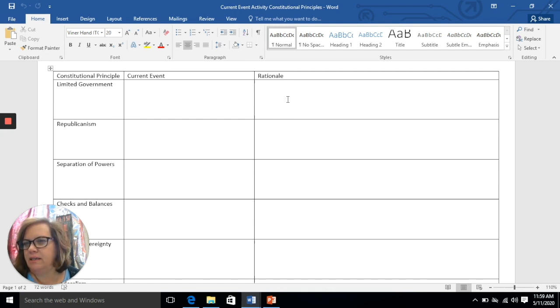At the end of this task, you should have a pretty good foundational knowledge of what those principles of the Constitution are and how we see those still today, over 200 years later, in our everyday discussions about the role of government, the purpose of government, and how we should be interpreting our Constitution.